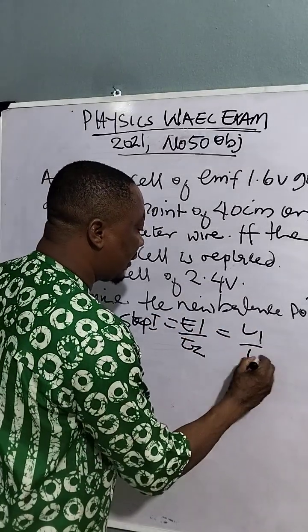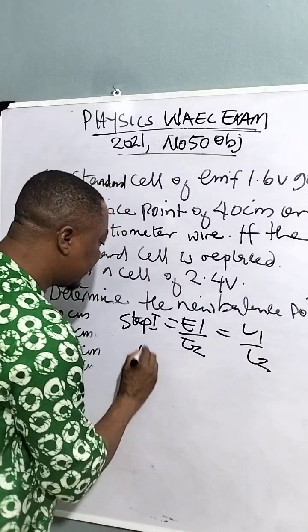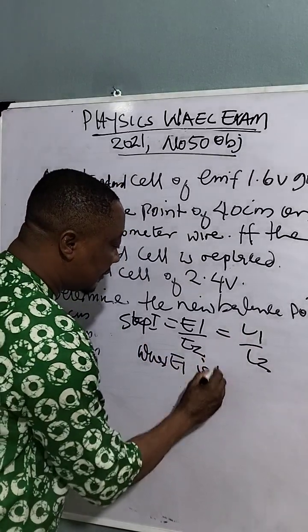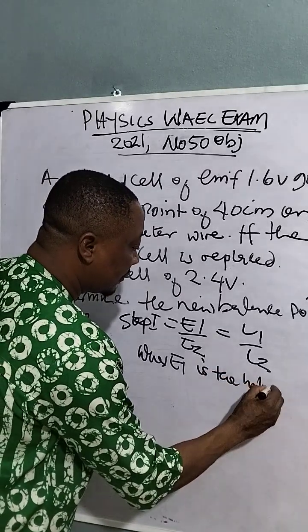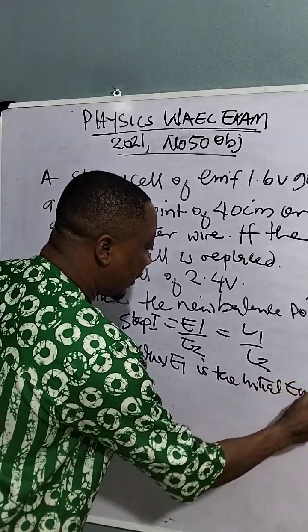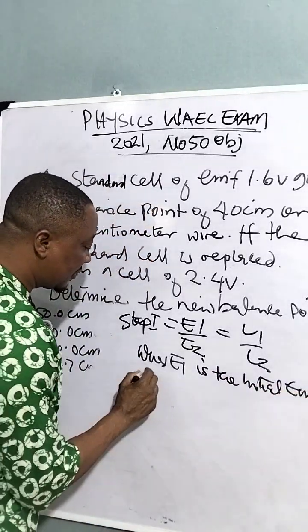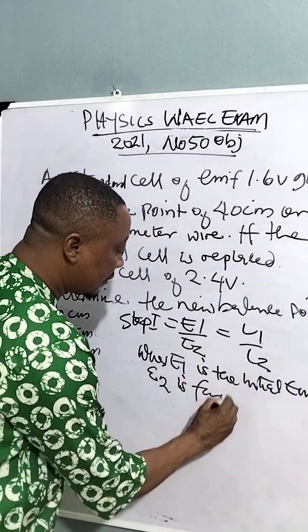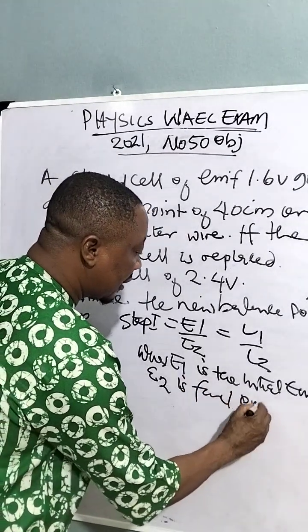L1 all over L2. This is the formula where E1 is the initial EMF, and E2 is the final EMF.